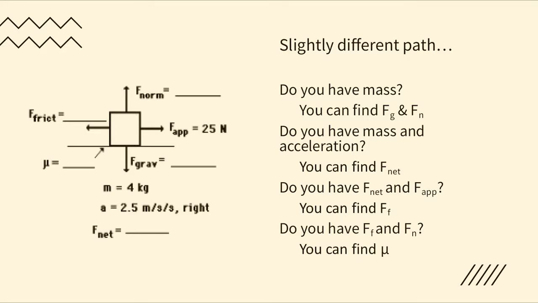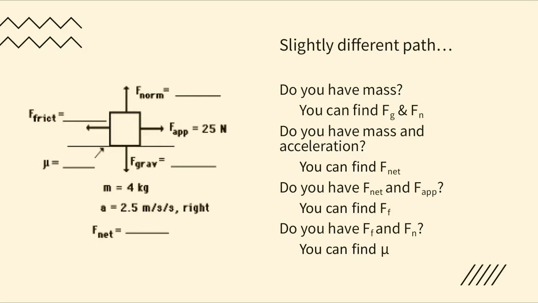So since we can solve for Fn, but we don't have the coefficient of friction, we can't solve for force of friction yet. And we can't use equation 8 right now. So we're going to have to use a different method. That's okay. We're going to look at what we do have. Well, we have mass and we have acceleration, which means we can find our net force.